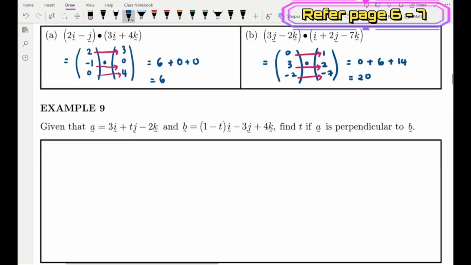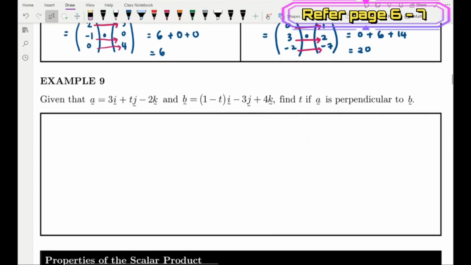For example 9, given vectors A and B, find T if A is perpendicular to B. Remember that perpendicular means the angle must be 90 degrees, and we know that cos 90 is equal to 0. That means A dot B must be equal to 0.